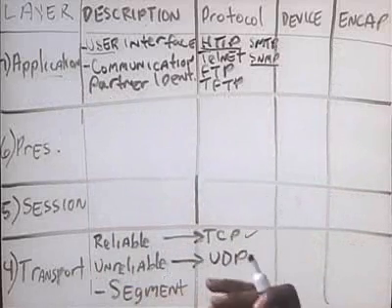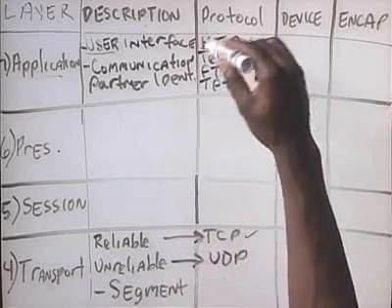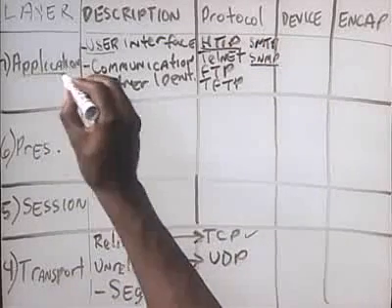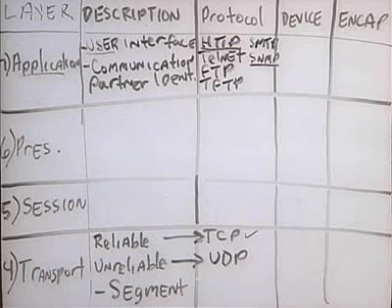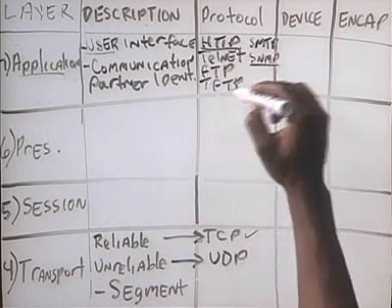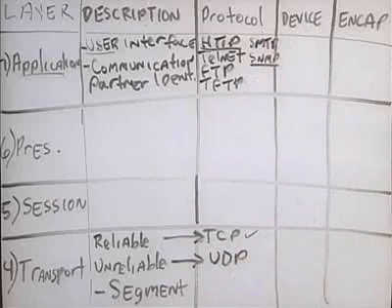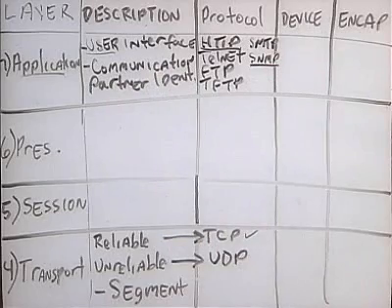Even though Excel or Word might include hyperlinks, those links are actually using the HTTP protocol. So that's an important little distinction to make. Just because we've got application in the name doesn't mean it's any application. It's particularly these protocols, these applications, that are utilized to provide user interaction with the network.